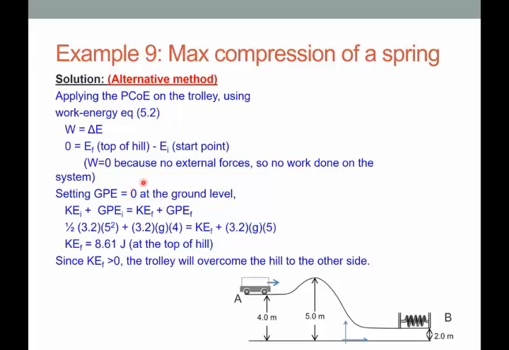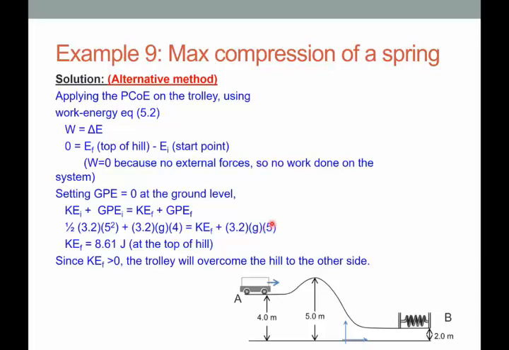We set the GPE to be equal to 0 at the ground level. In this way, the initial energy, made up of the KE and the GPE, is given as follows here, and the final KE, which we want to determine, plus the final GPE, which is the GPE at the top of the hill.